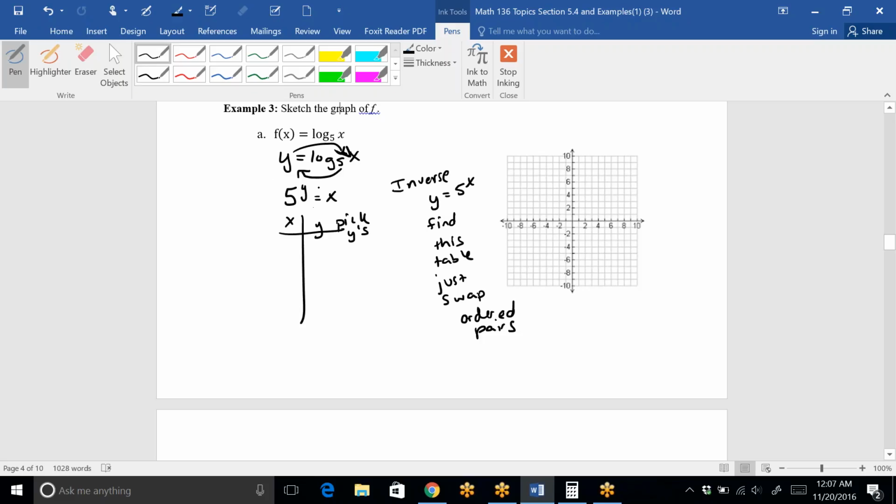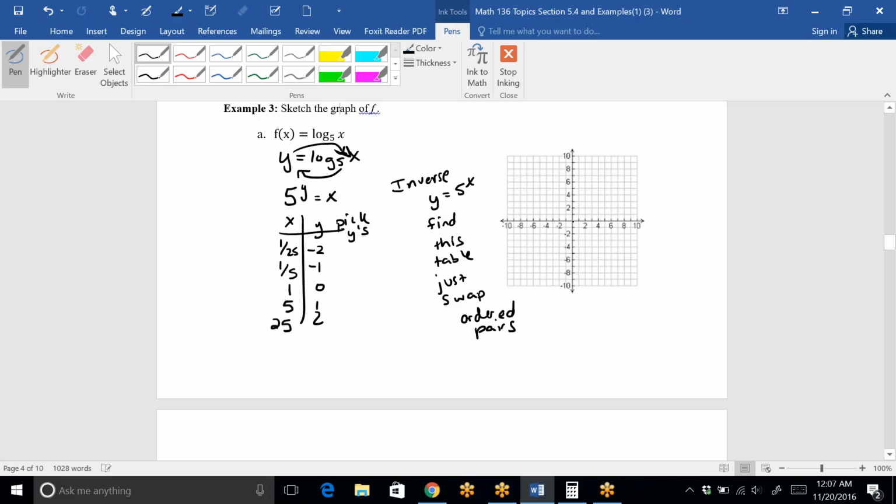This seems more intuitive to students just to pick the y's. So 5 to the negative 2 would be 1 over 5 squared, so that's 1 over 25. So notice the x's are going to look like the things we used to see when we were doing exponentials. 5 to the negative 1 would be 1 over 5. 5 to the 0 would just be 1. 5 to the 1 is 5. 5 to the 2 is 25.